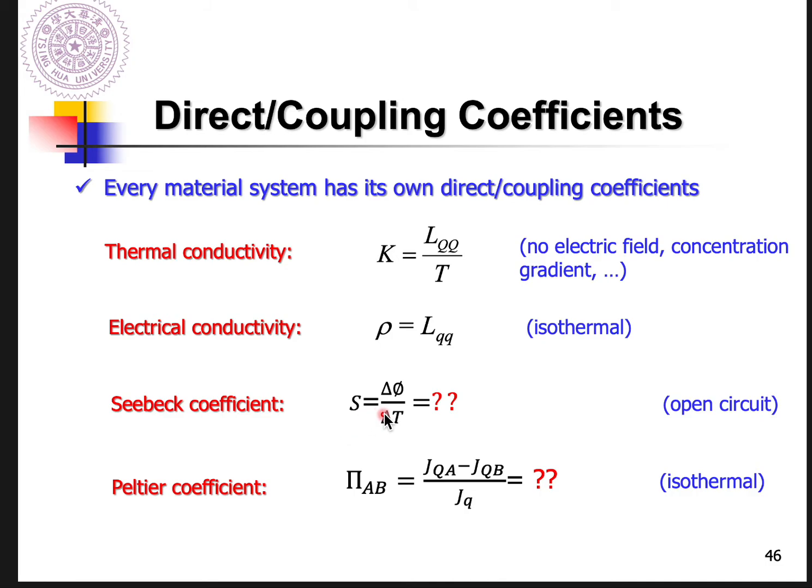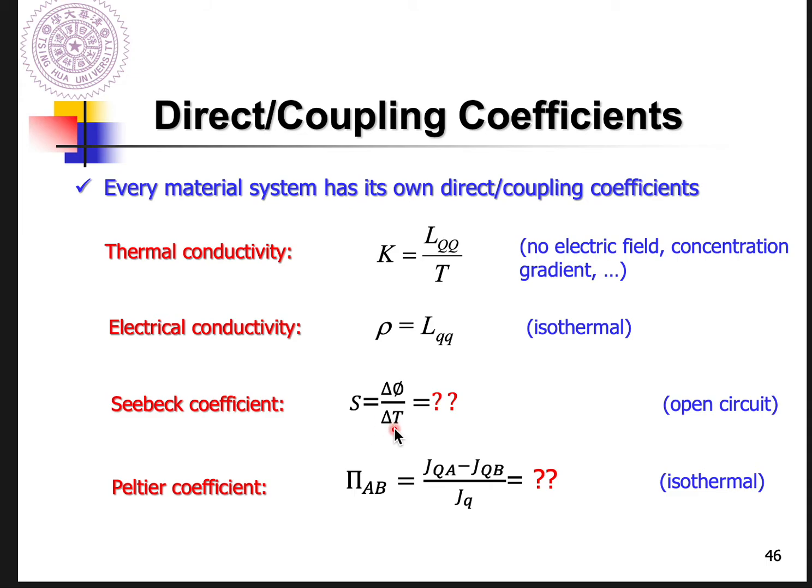As we mentioned, if you have a material and you apply a temperature gradient or temperature difference along it, then how much electrical field and electrical potential is generated from this material? We call this the Seebeck coefficient of this material.